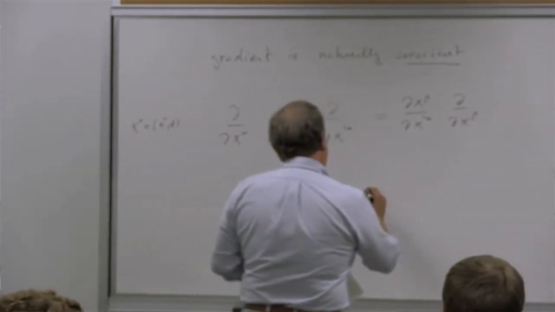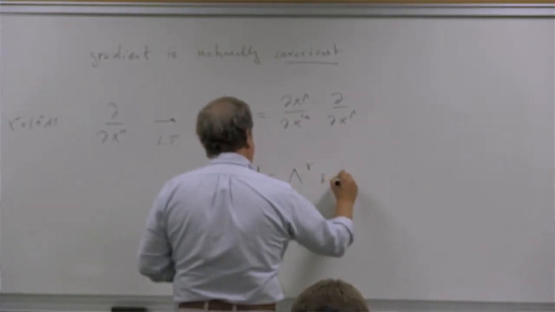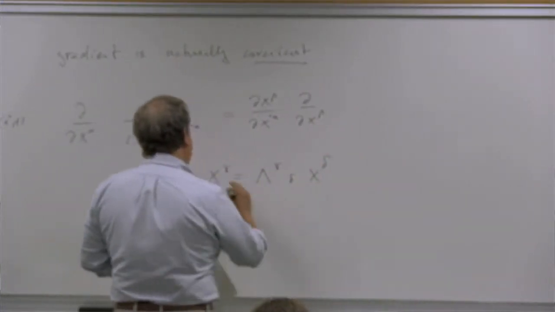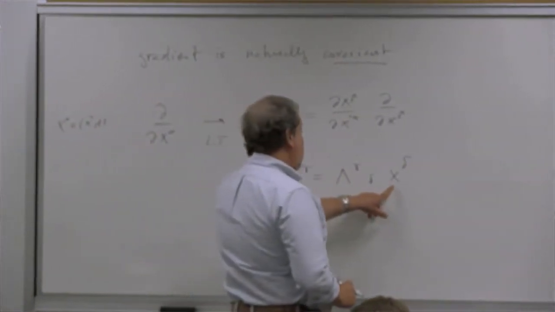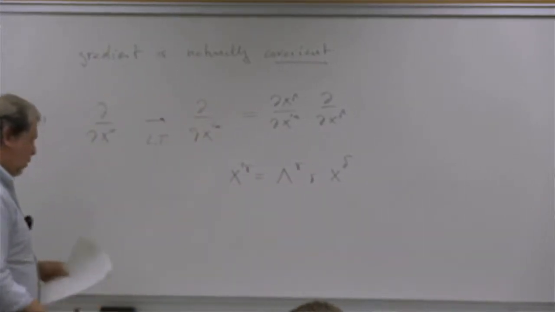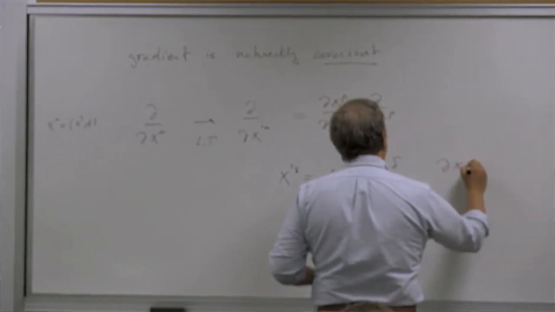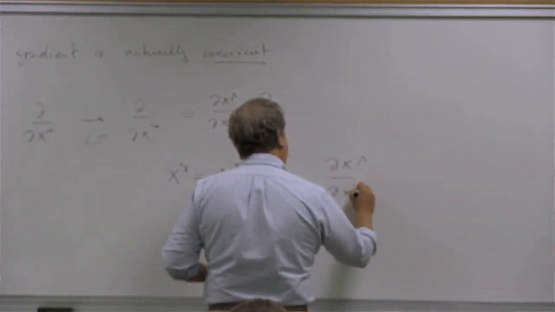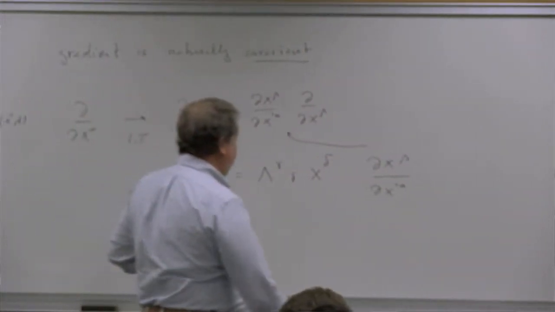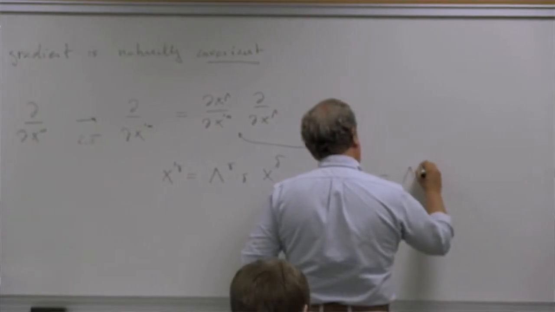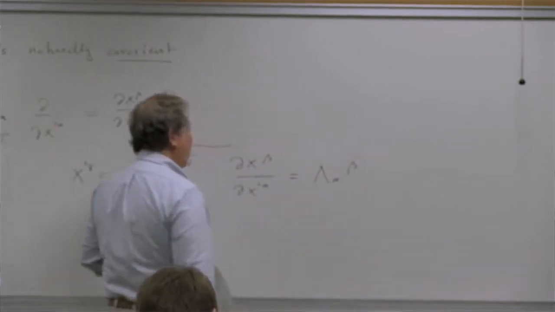And now remember that x gamma is equal to lambda gamma delta times x delta prime, the transformation law for the coordinate. So you can solve for x delta in terms of a lambda to the -1. And so dx beta by dx prime alpha, which is what we have up there, is equal to lambda alpha beta, like this.